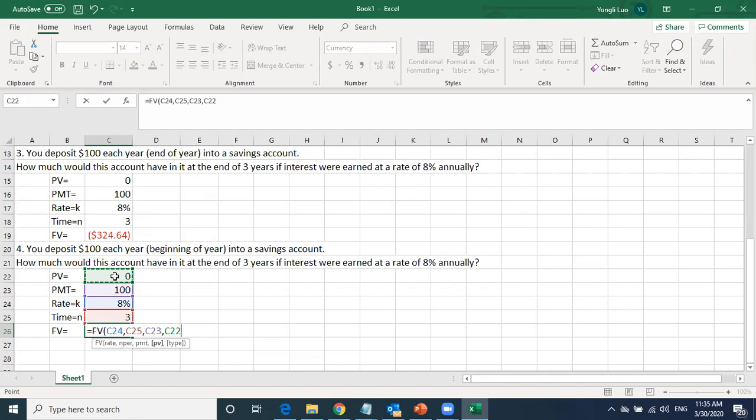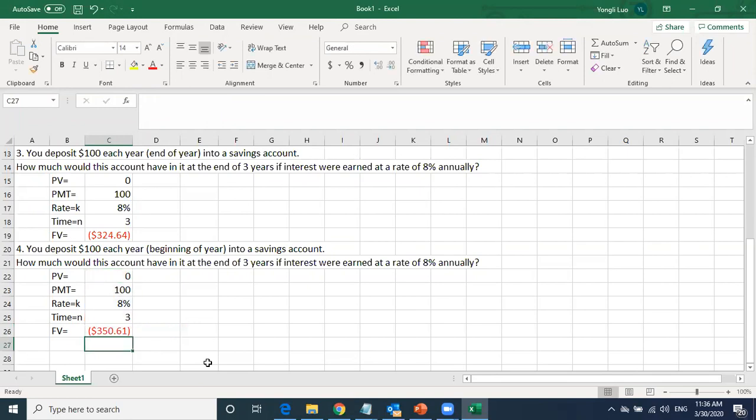Please pay attention. You need to type another comma here, and then it asks you to choose a type. 0 is the end of the period, and 1 is the beginning of the period. So you choose 1, the beginning of the time period. This is going to be annuity due.